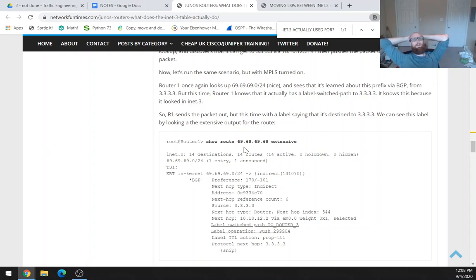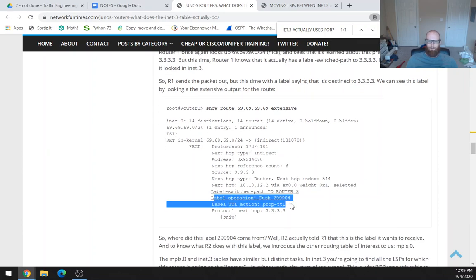It knows this because it looked in inet.3. So R1 sends the packet out, but this time with a label saying that it's destined to 3.3.3.3. We can see this label by looking at the extensive output for the route. So here's the label operation. It's pushing a label.